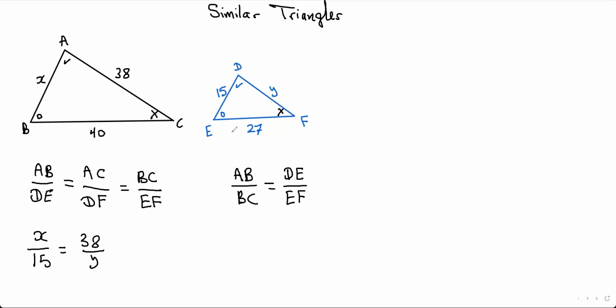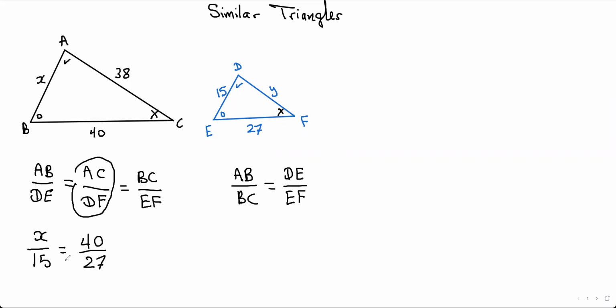So I don't want to go with this option. I'm going to skip this and go to the next one, and the next one is BC, which is 40, over EF, which is 27.